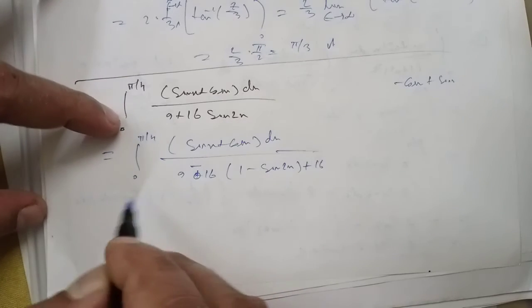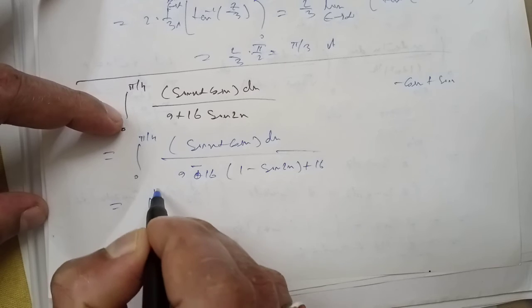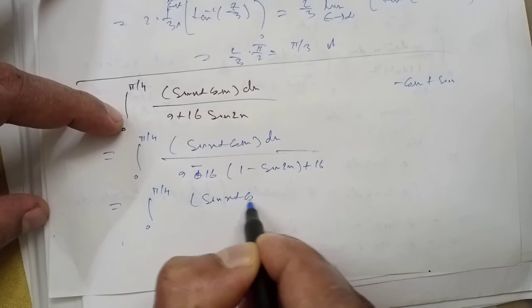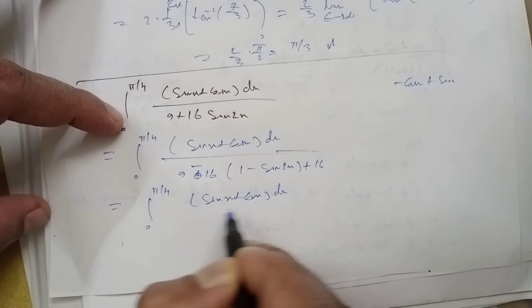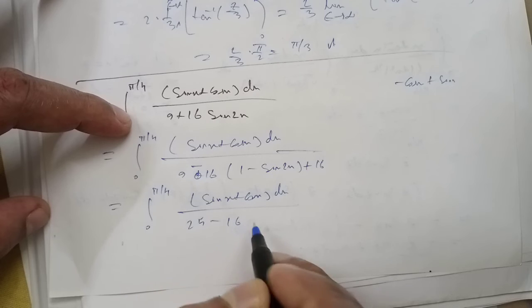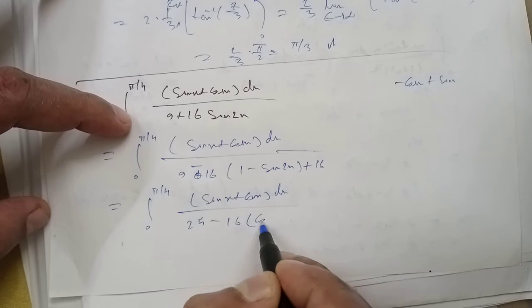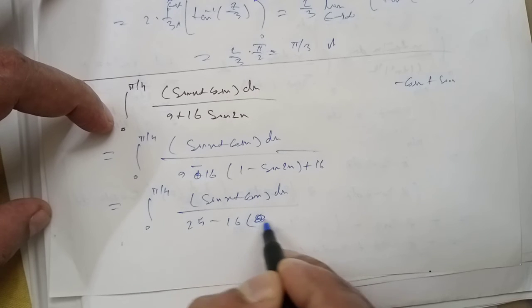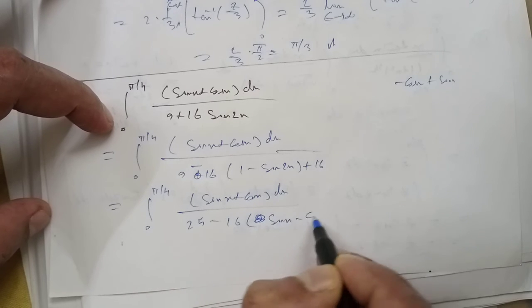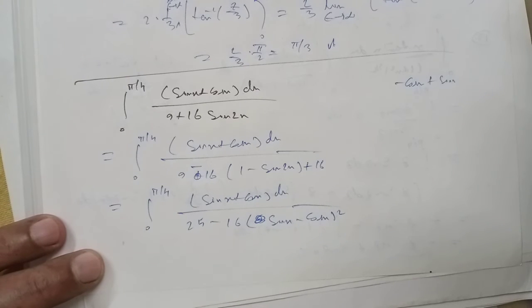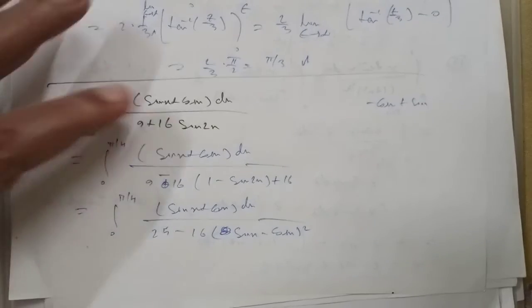Now this becomes 0 to pi by 4, in the denominator, sin x plus cos x dx, 16 plus 9, 25 minus 16 into, this is cos x minus sin, or you can write sin x minus cos x also. 1 minus sin 2x can be written this way.